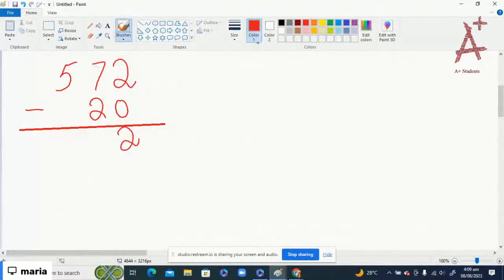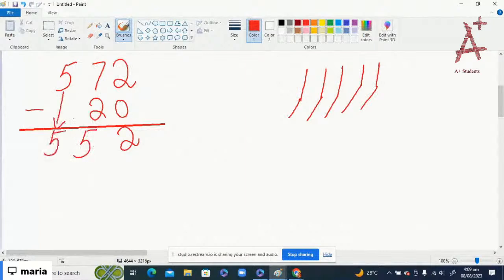Now 7 minus 2. Draw 7 lines, then remove 2 lines. How much is left? Count it: 1, 2, 3, 4, 5. I'm going to write here 5. And here is again 5, so this 5 stays as it is. So you got the answer 552.